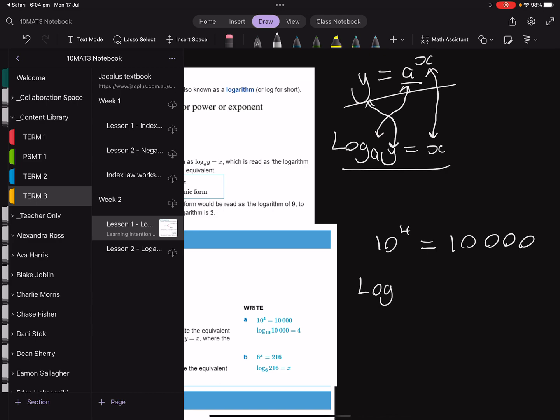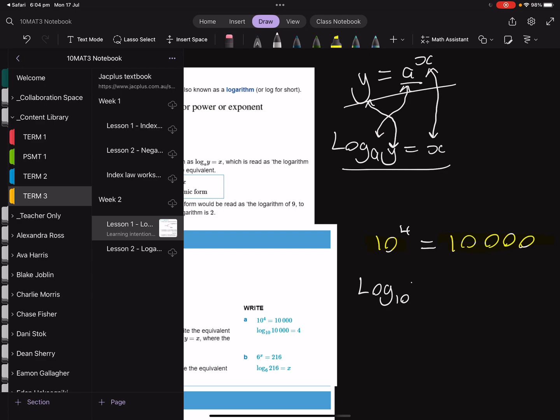The next one we're going to use is our a value. Looking here, which one is going to be our a value? It's going to be our 10 value here. So that's what we're going to bring down. That's going to be our bottom power, log base 10. We then know the next value brought down is our y value, and this 10,000 is our y value.